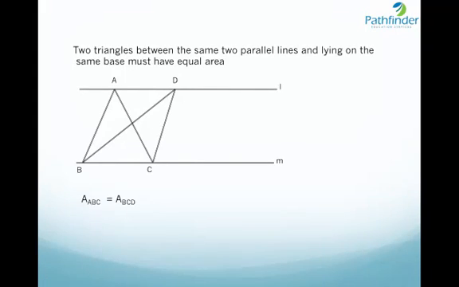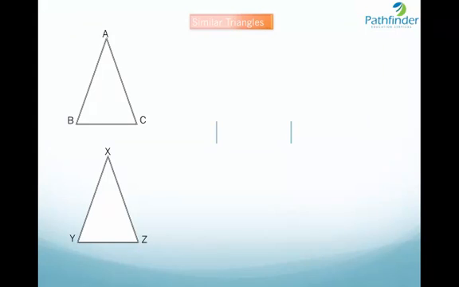Let us look at another property, and this is a property of similar triangles. First of all, what are similar triangles? If ABC and XYZ are two triangles such that the angles of ABC are all equal to the angles of XYZ in that order, then we say ABC is similar to triangle XYZ.